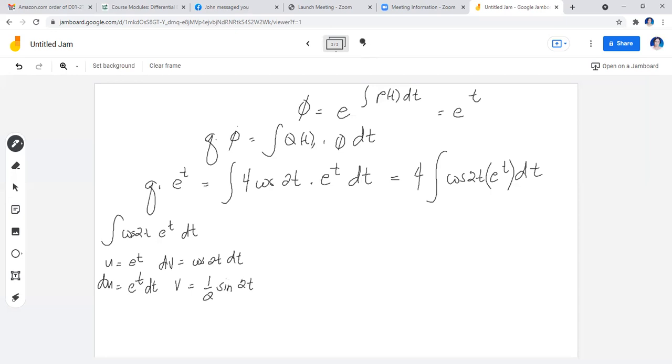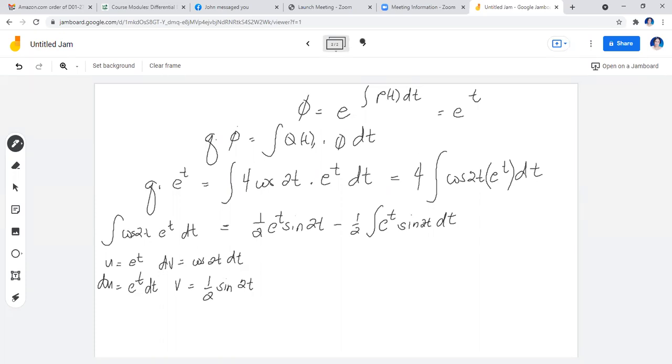Now, using this, you can rewrite this integral of cosine 2t e raised to t as uv, so the product of u and v, that would be 1/2 e raised to t sine of 2t minus the integral of v du. So that would be 1/2 integral of e raised to t sine of 2t dt. I multiplied these two in here for your integral.